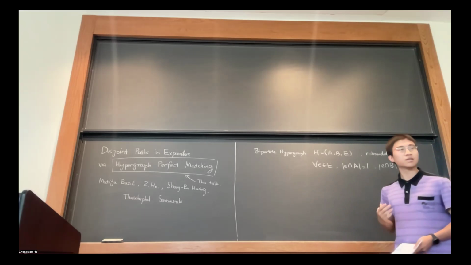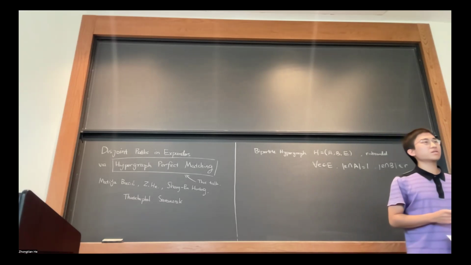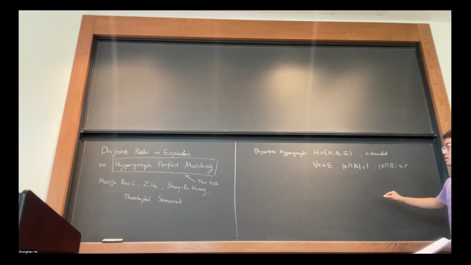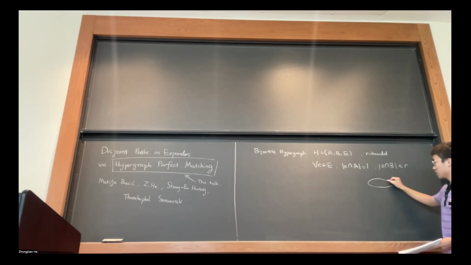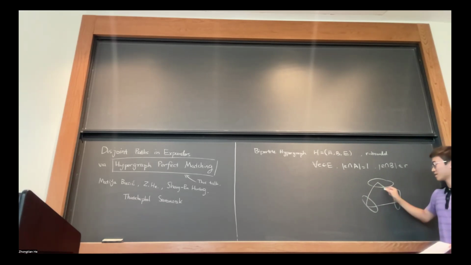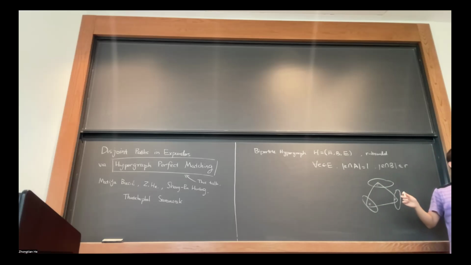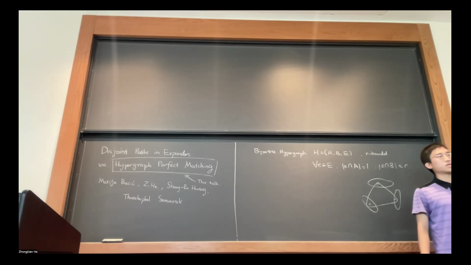In a tripartite graph, each hyperedge consists of a vertex from each part, and you want to compute a perfect matching of this.